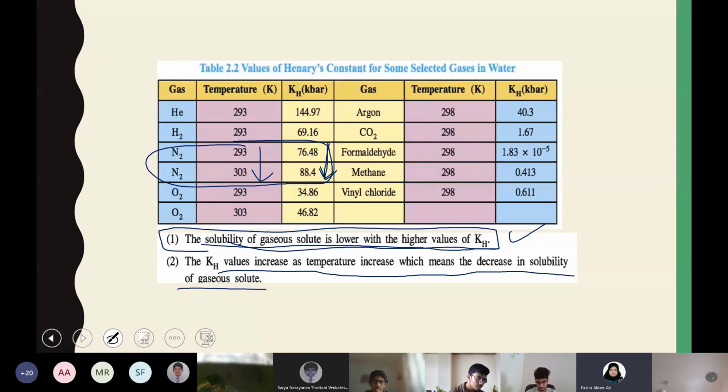With an increase in temperature, the KH value also increases, which means solubility decreases. Sometimes 2 or 3 different gases will be given along with their KH, and you may have to compare their solubility. The higher the value of KH, the lower the solubility. That is the point to be noted.